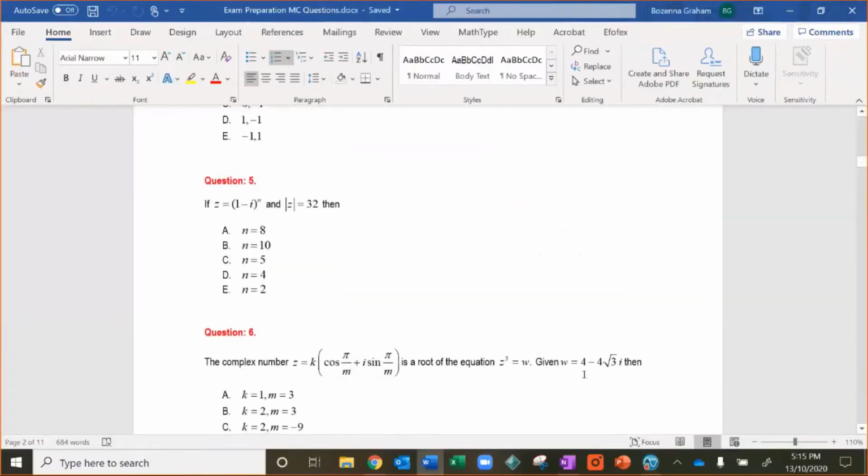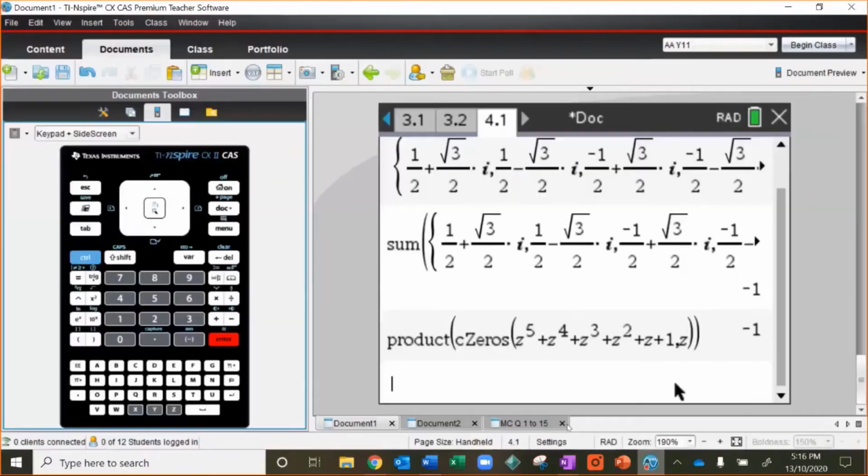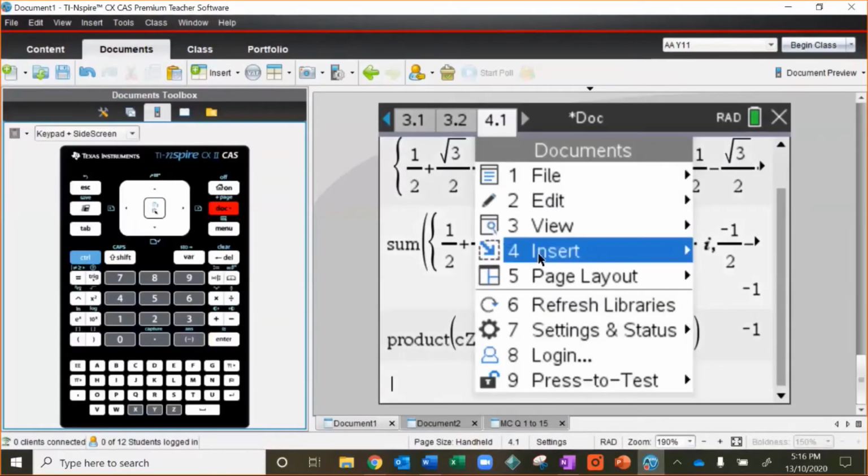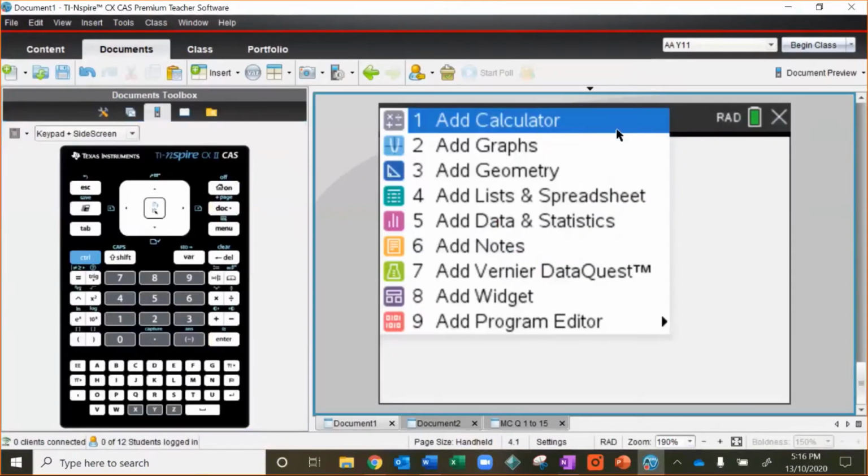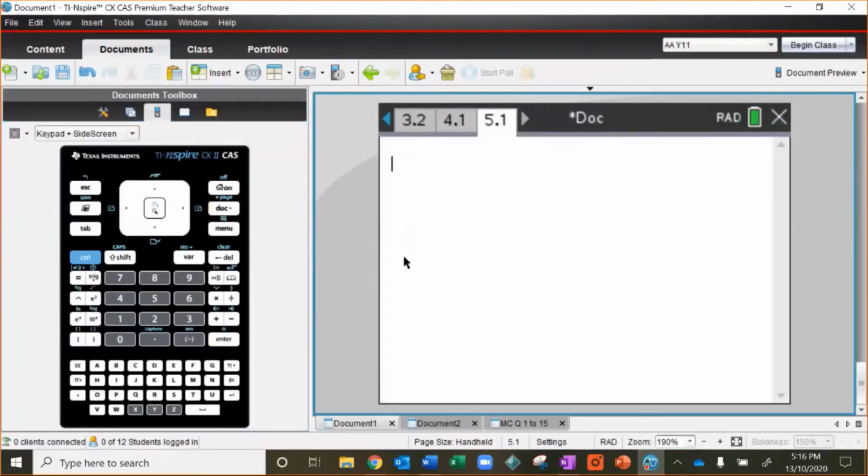Let's move to question 5, still a complex number question. z is 1 minus i to the power of n, and modulus z equals 32. And we wish to see which one of those is true for n. Insert a new problem, and we'll be using a calculator.